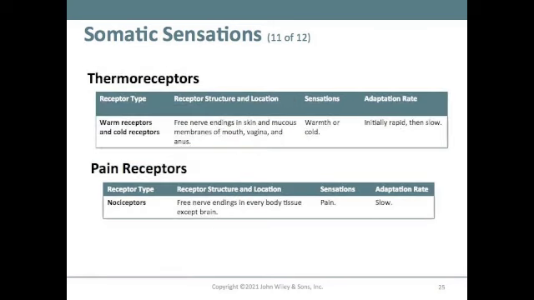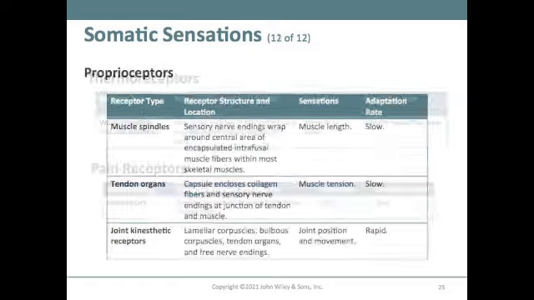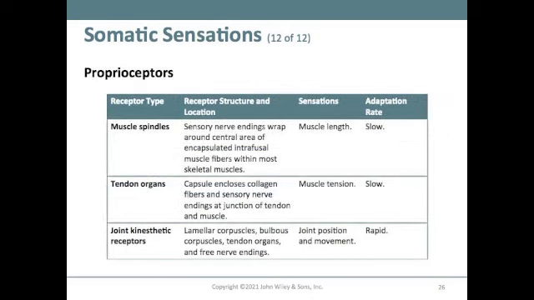And this slide labeled thermoreceptors and pain receptors is also part of the same table. And this slide labeled proprioceptors is also part of the same table. Please review this on your own time.